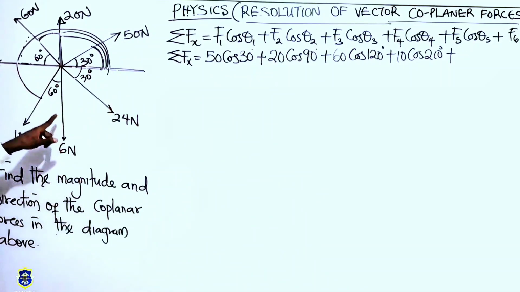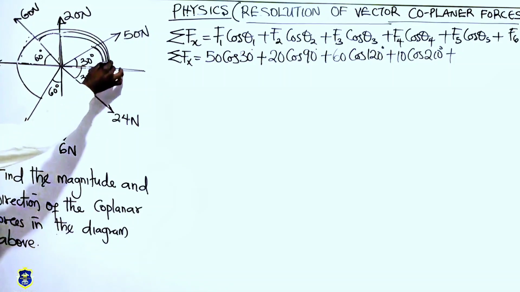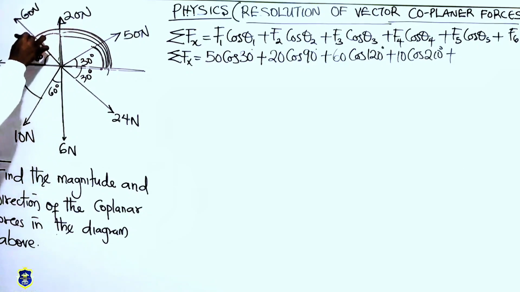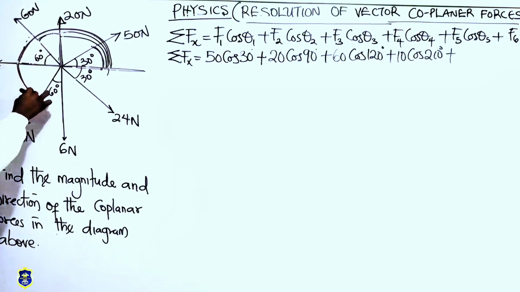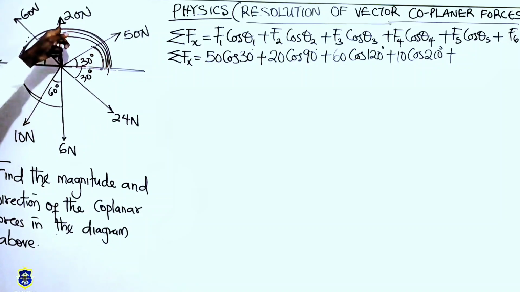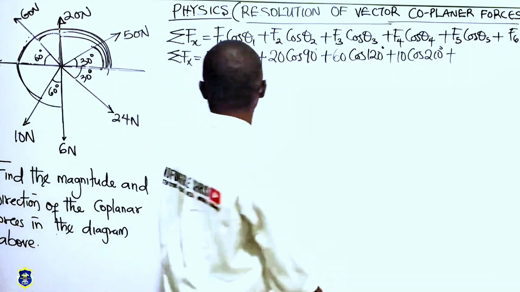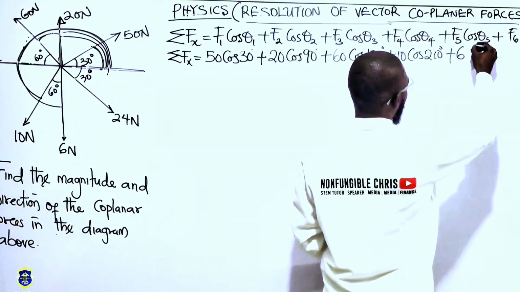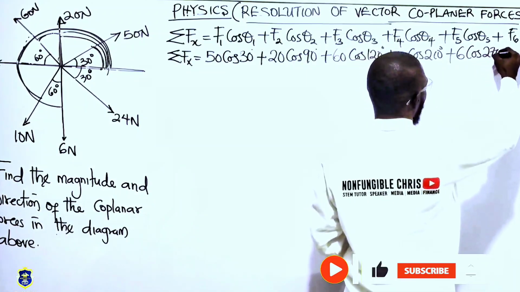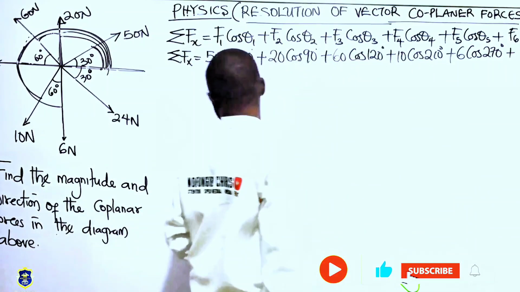What is F5? This is F5. So from here, if we count down 180 and we're coming here, we're stopping here at 270, right? 90 plus 90 plus 90, that's 270. So we have 6 cos 270 degrees. Plus what else?